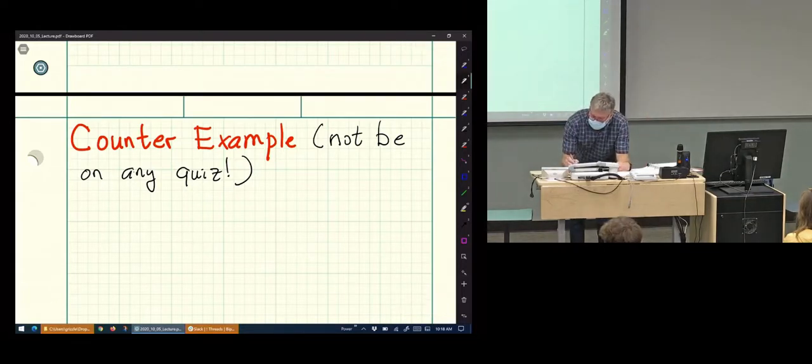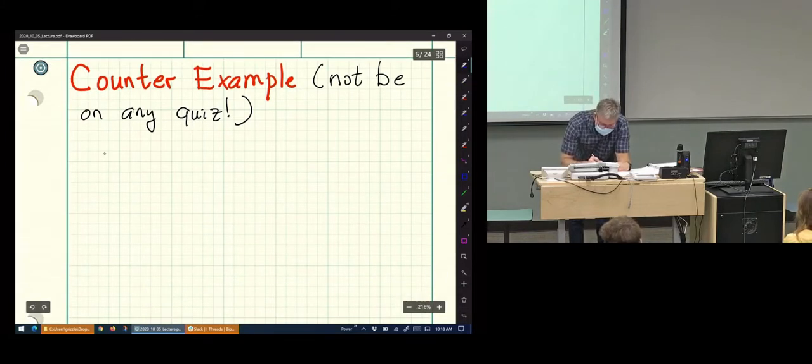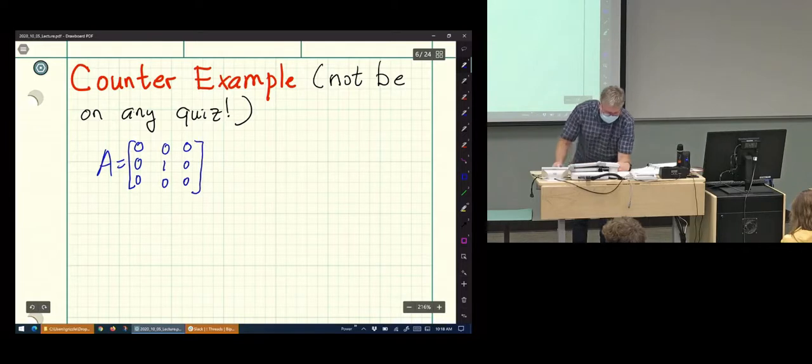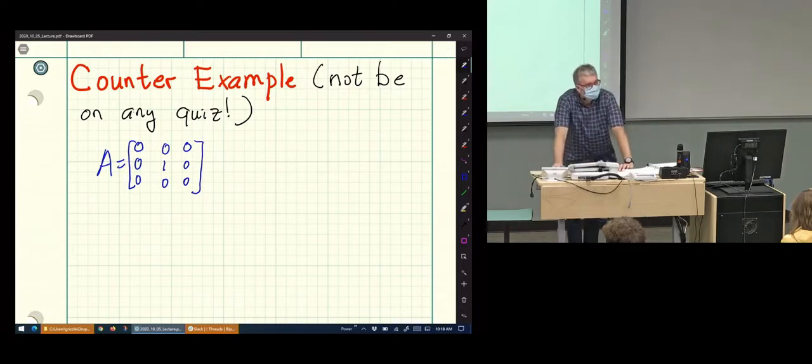So why are things true, not true, etc. So here's our matrix, A. It took me a while to find it, but it's as simple as can be. Here's A. It's all zeros with a 1 in the middle.